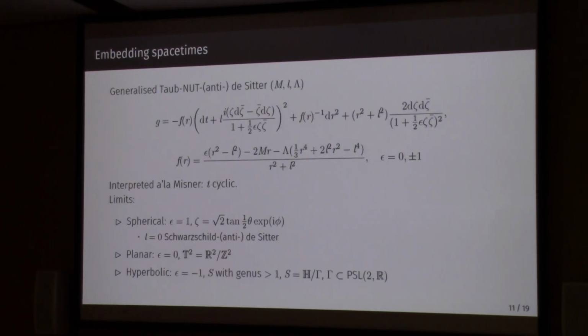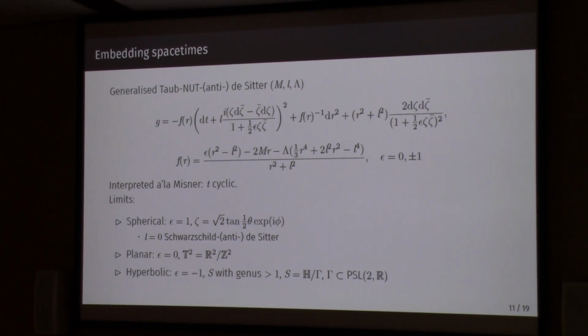So another natural question is whether such horizons are embeddable. We had some intuitions about the C1 horizons and assumed that they would be embeddable in the generalization of Taub-NUT-de Sitter spacetimes.